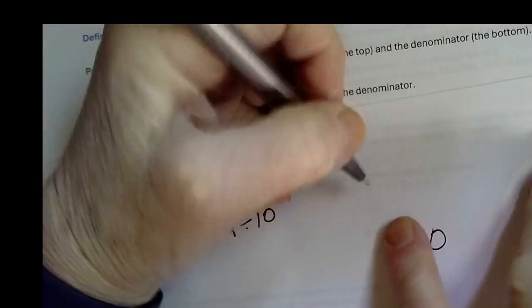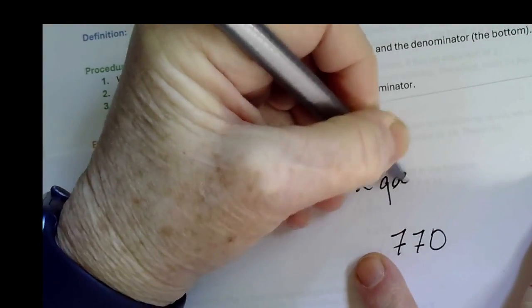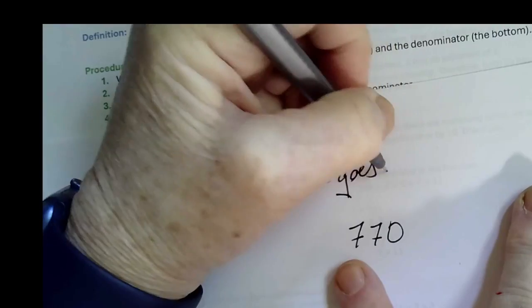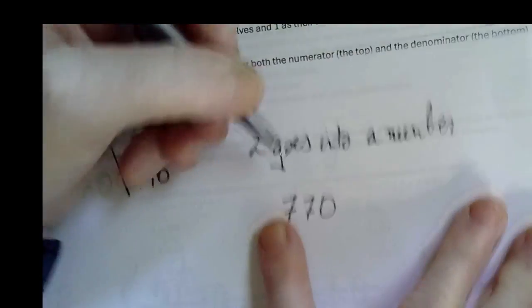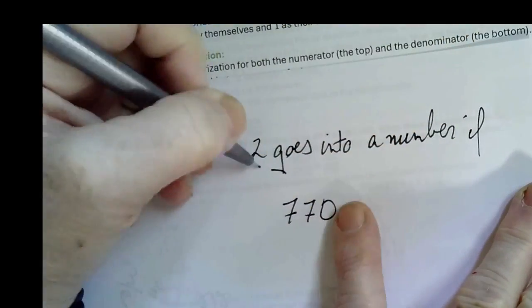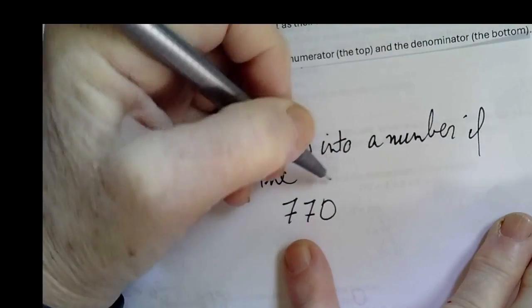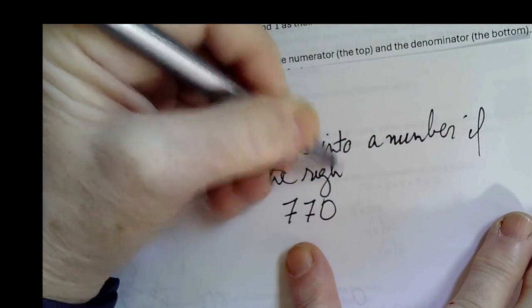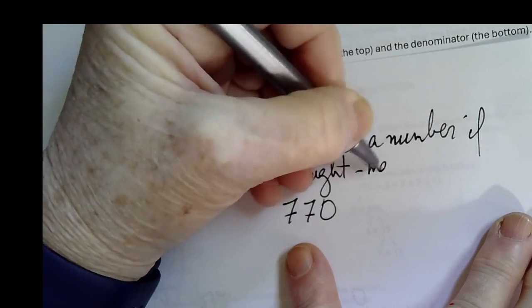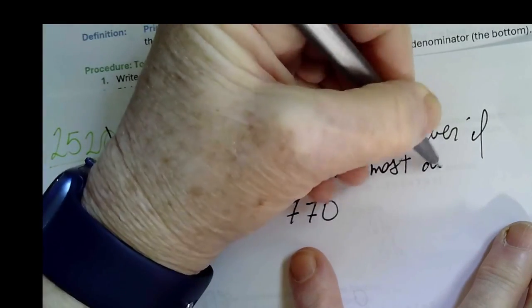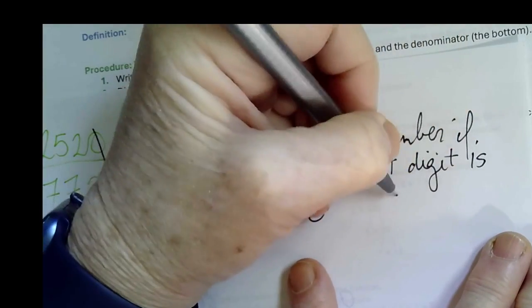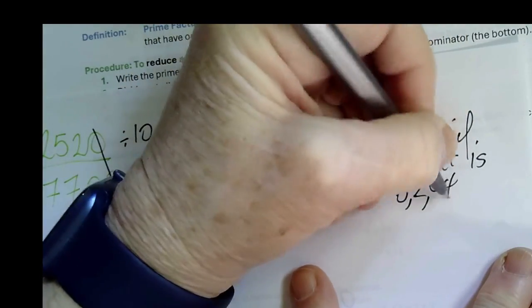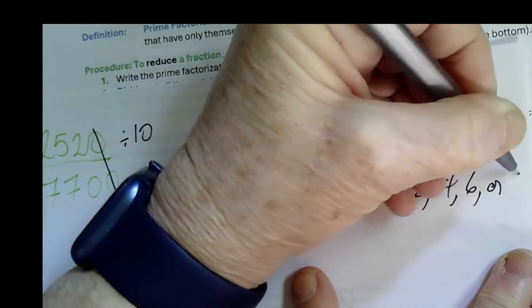So 2 goes into a number if the rightmost digit is 0, 2, 4, 6, or 8.